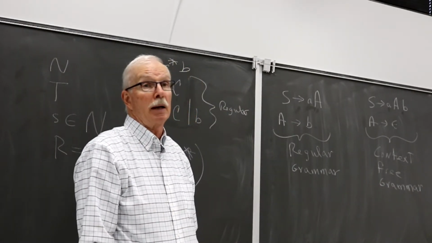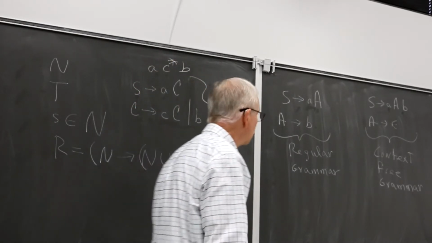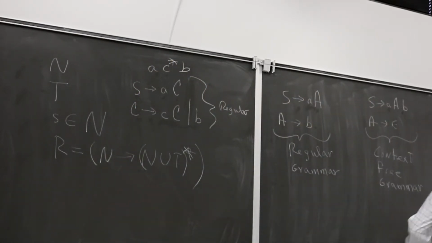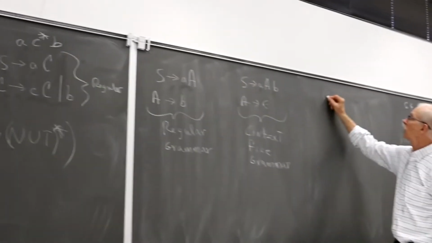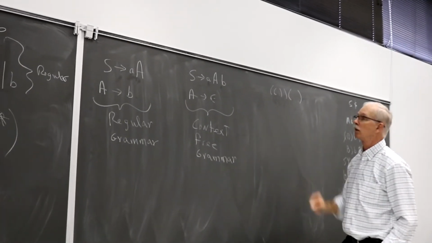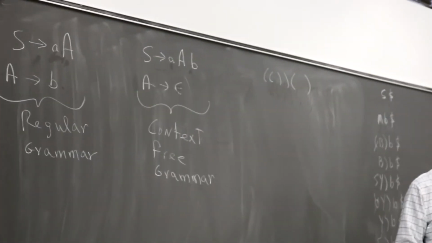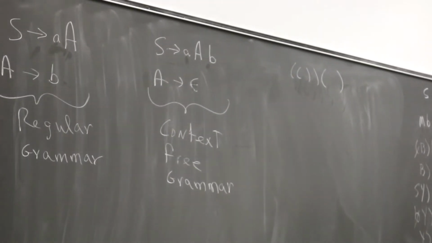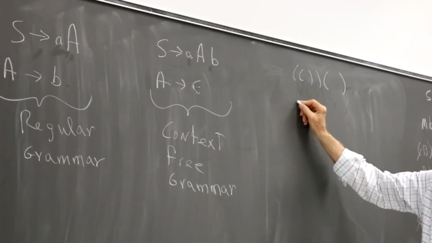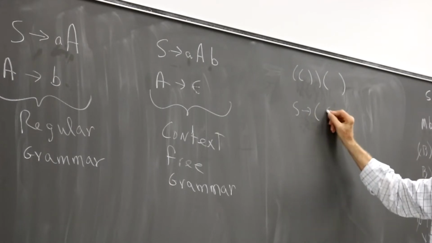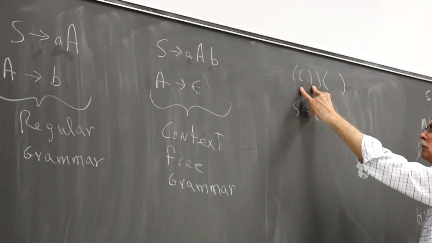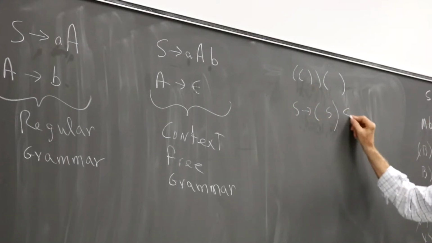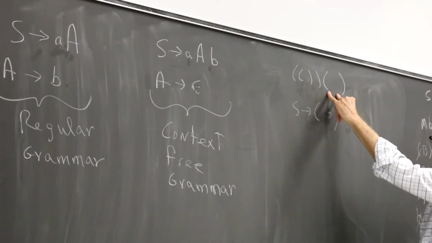If I were doing balanced parentheses, how might balanced parentheses look? Well, balanced parentheses look like this, yes? That sort of captures it. I claim that generates all of these, and I claim this will generate that one.